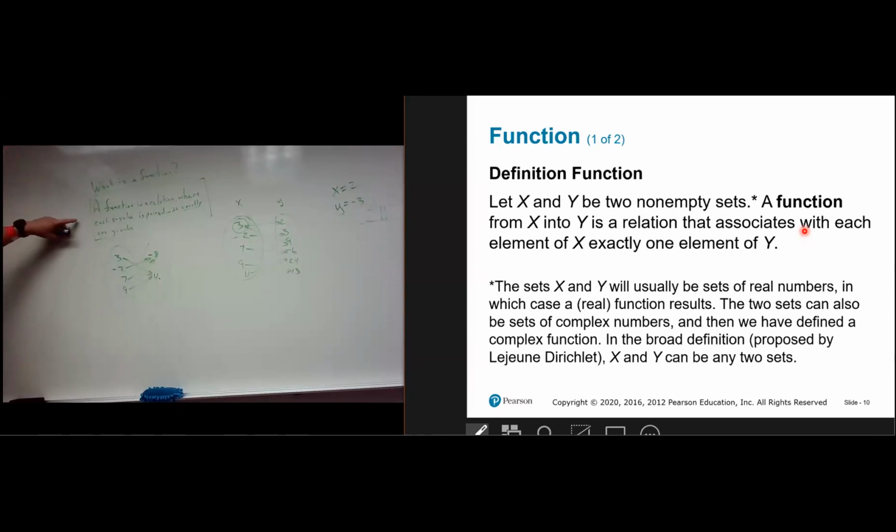But if you're dealing with a function, this is very helpful to know. If you're trying to prove something, and this x value gives me two different y values, then something's wrong because it's not a function. So I have to go back and find out what's going on there. If you're doing something in engineering or something like that, this is what you need to be aware of. Okay.